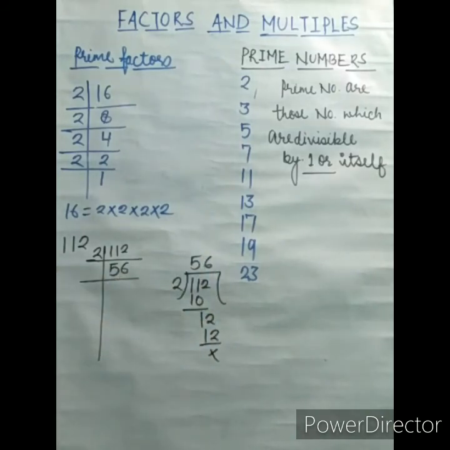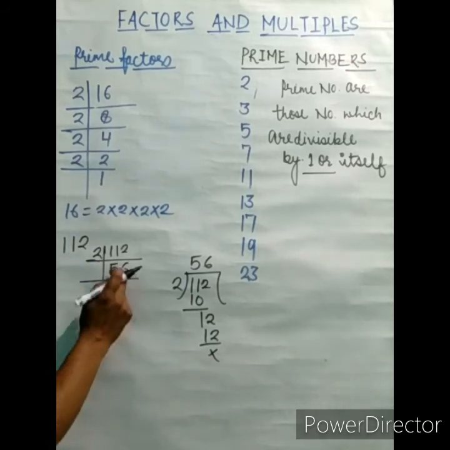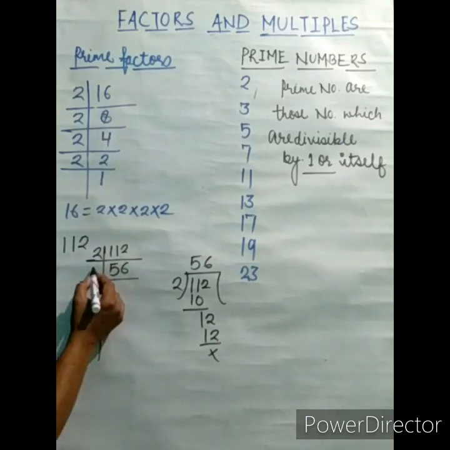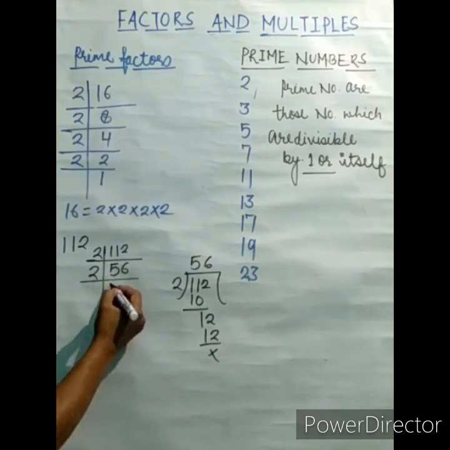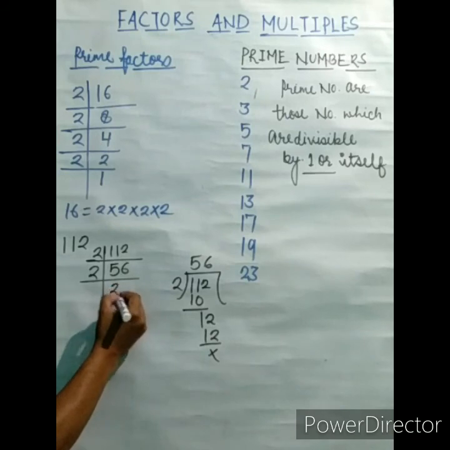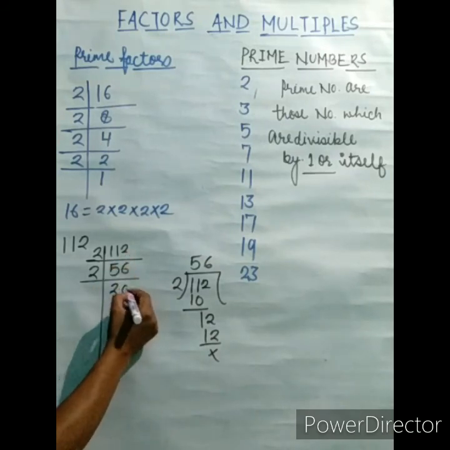Again the one's place is 6. That's why I am saying you can see my divisibility test video which I made previously. By that you will easily understand how to identify whether a number is divisible by 2, 3, 4. So 56, the one's place is 6, so it is divisible by 2. 2 2s are 4, remainder 1, 16, 2 8s are 16, so 28.